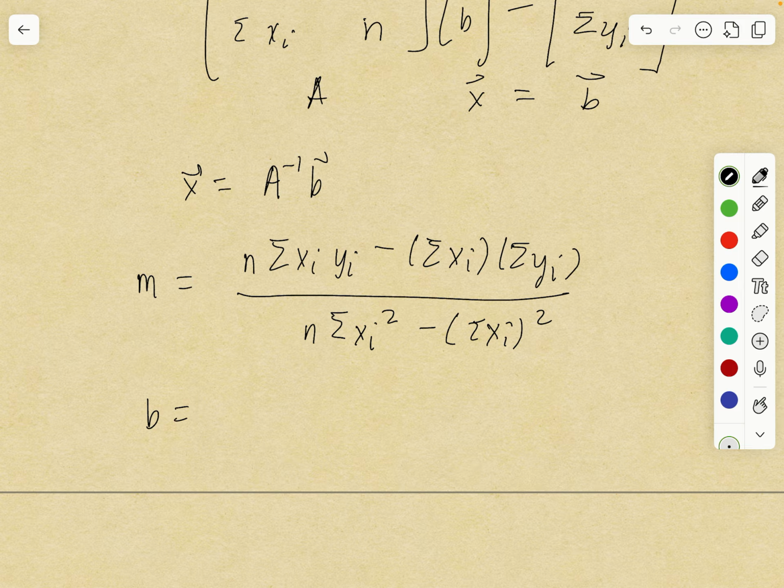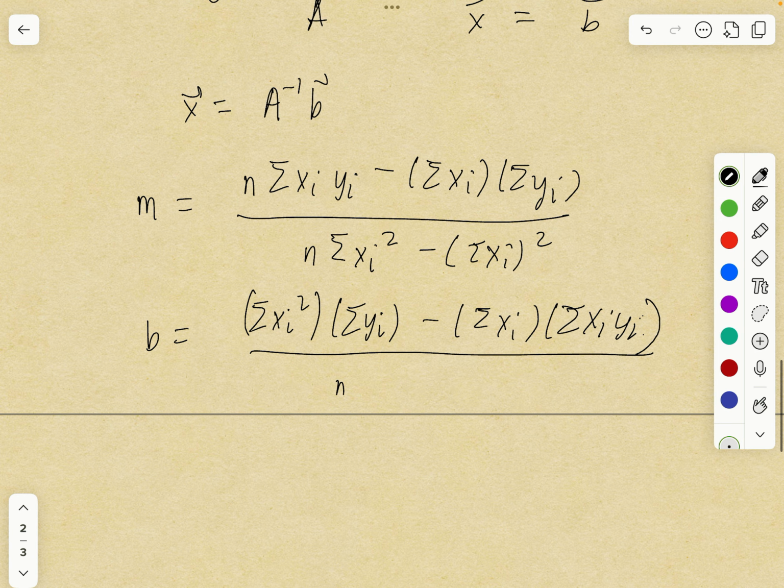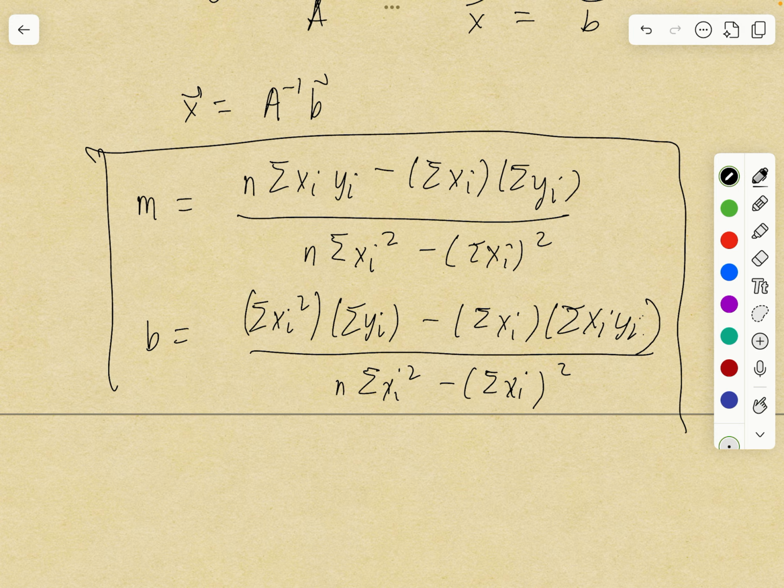And b is equal to the sum of xi squared times the sum of the yi minus the sum of the xi times the sum of the xi yi, divided by n times the sum of the xi squared minus the sum of the xi, squared. That's what you end up getting.